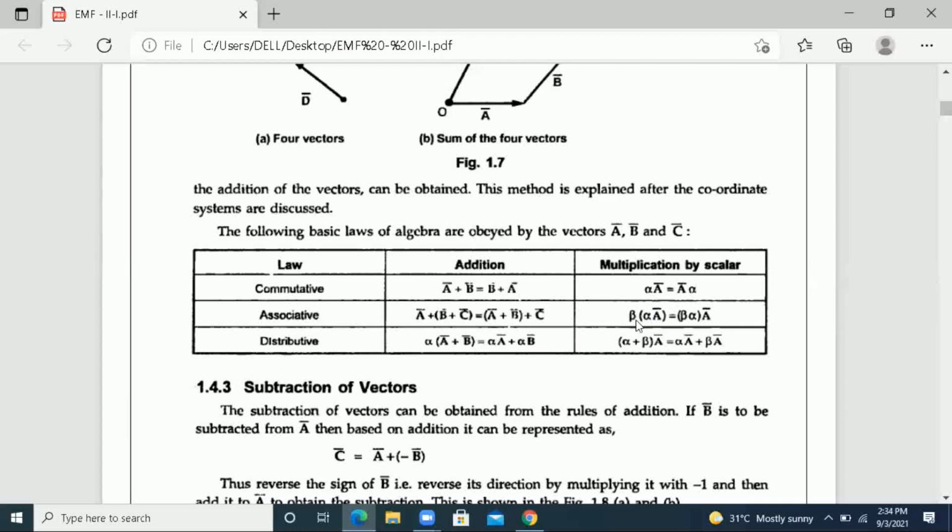For two scalars, beta times alpha A is the same thing as beta times alpha times A. And for the distributive, alpha plus beta times vector A is alpha times vector A plus beta times vector A. So the commutative, the associative, and the distributive laws of algebra, for addition and multiplication, also hold for vectors.